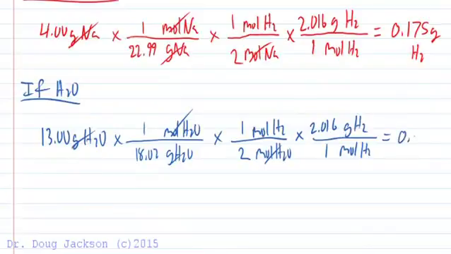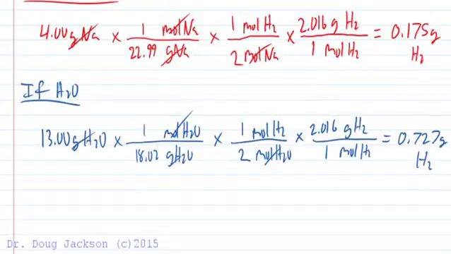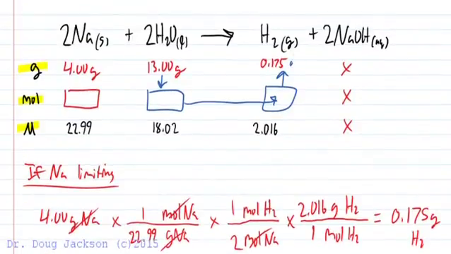And I get 0.727 grams of H2 to 3 significant figures. So 0.727 is larger than 0.175. So sodium is the limiting reagent. That means the theoretical yield is 0.175.